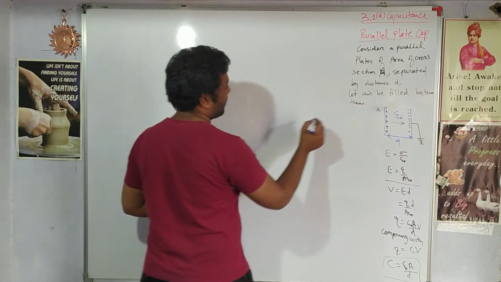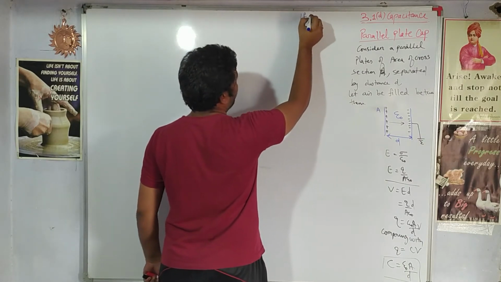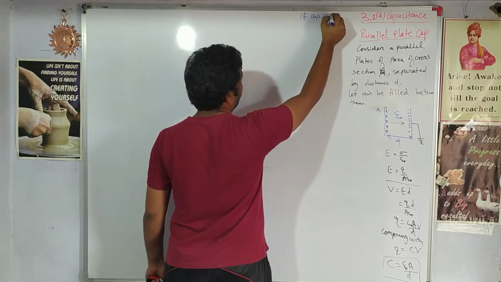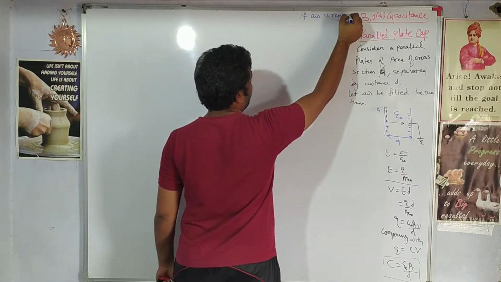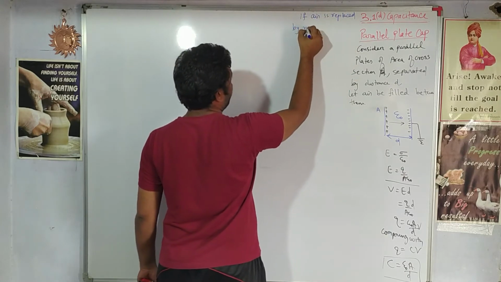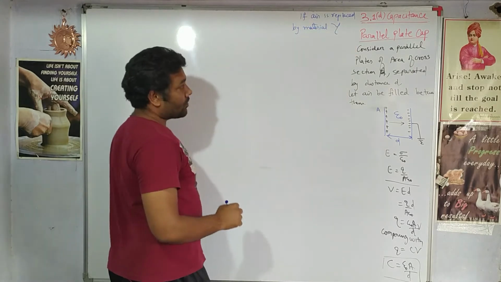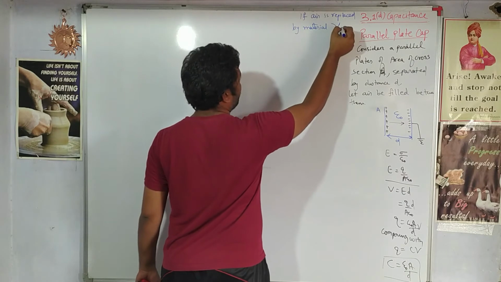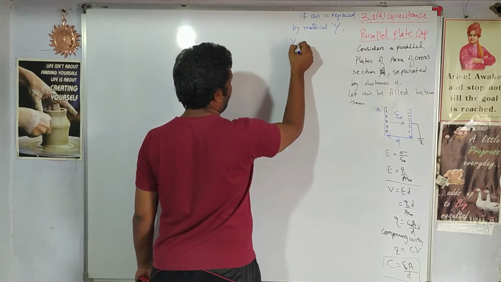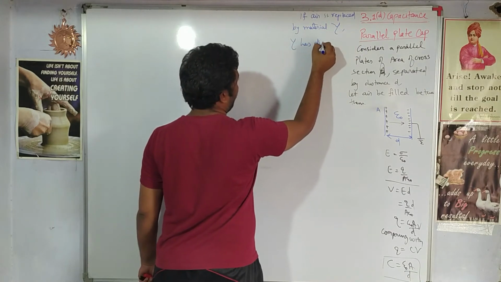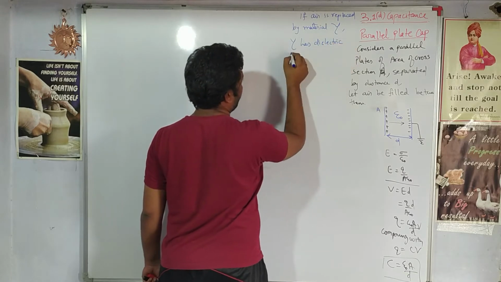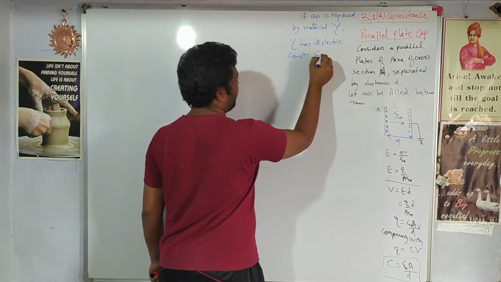What is its variation? That if air is replaced by material Y, and this material Y has dielectric constant epsilon.